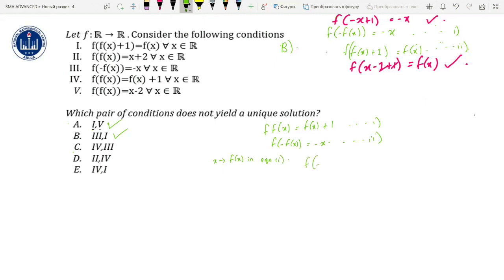We get f of minus f of x is equal to minus f of x. So f of x has already been defined to be this, so we'll just substitute it now. We'll get f of minus f of x plus 1 is equal to minus f of x.